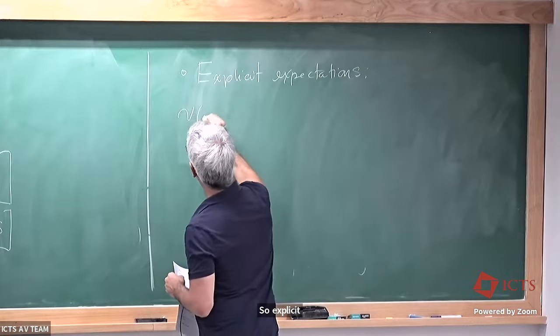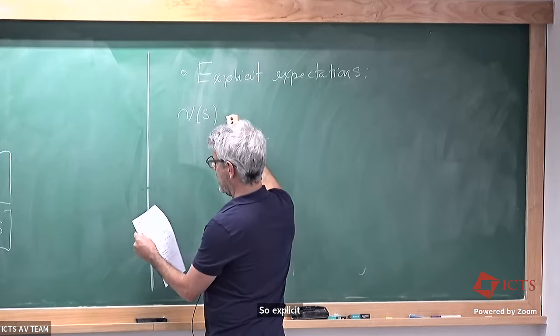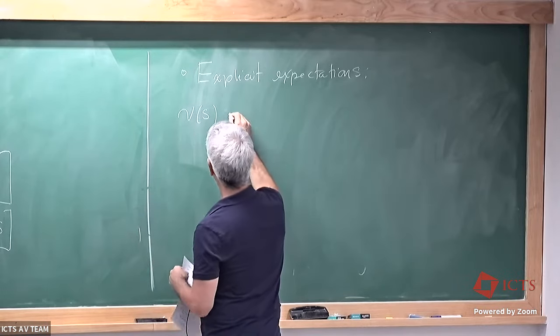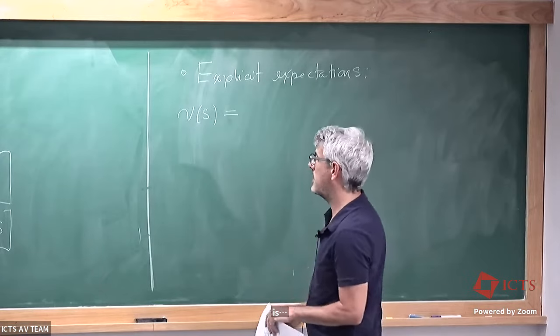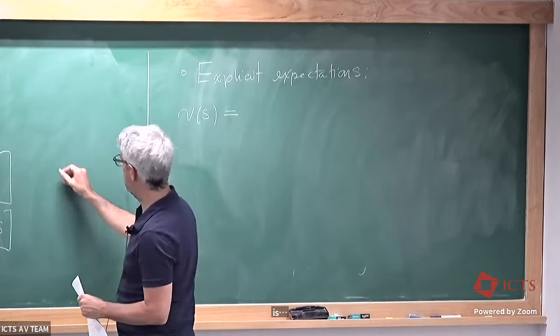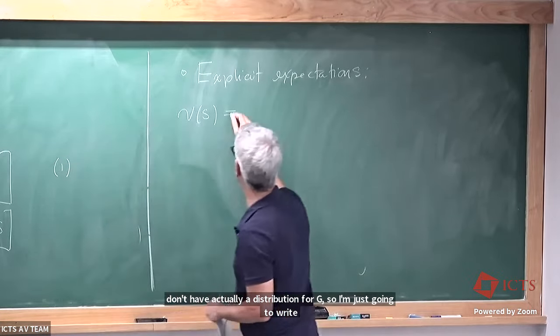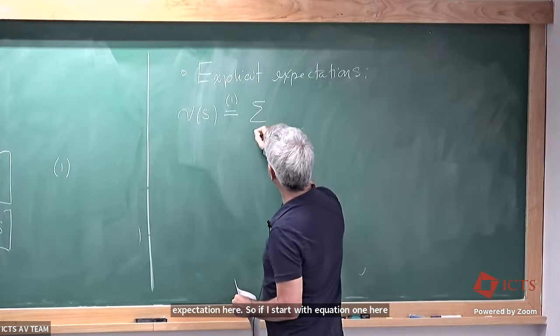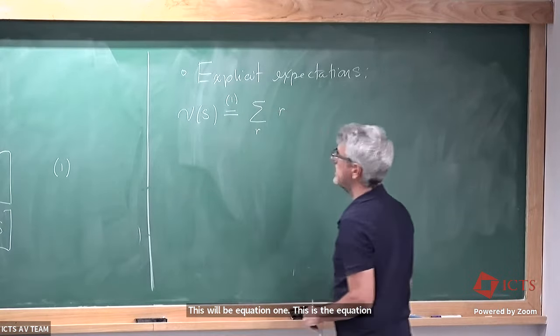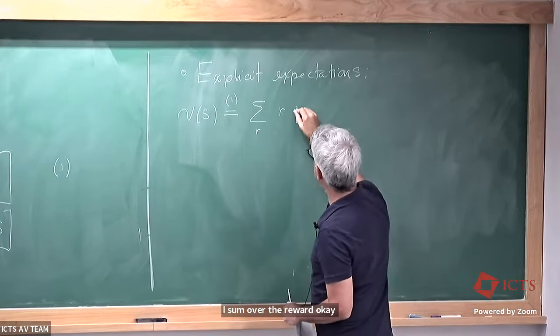So the value function first is, I don't actually have a distribution for G, so I'm just going to write the expectation here. If I start with equation 1 here, this will be equation 1. I sum over the reward.